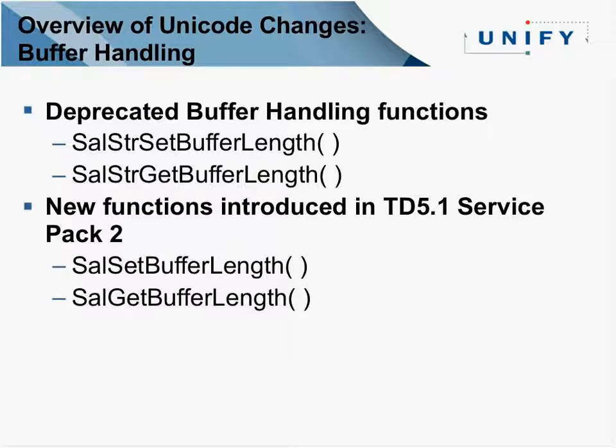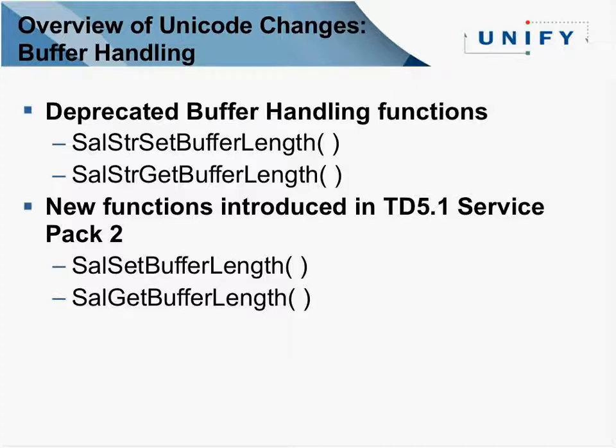And quickly explaining the reason why we introduced these two new functions: before, in TD 5.1, we made a change in the way that the buffer was handled, and when a developer called the SalStringGetBufferLength function to get the length of a buffer, because of Unicode, that length was multiplied by 2. But that was not a good change.